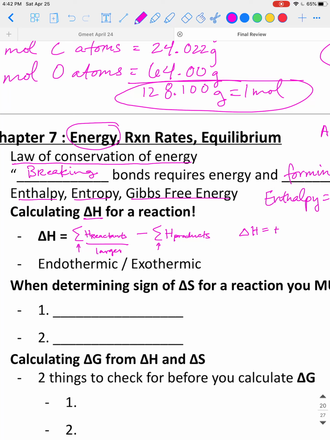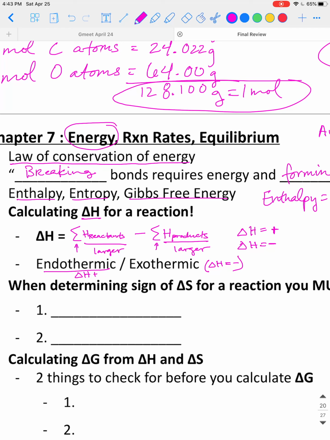Remember that if delta H overall is positive, it must mean that enthalpy of the reactants was a larger number, and therefore this is what we call an endothermic reaction. Here delta H is positive. If delta H is negative, that means that the enthalpy of the products was larger, and that means you have an exothermic reaction.